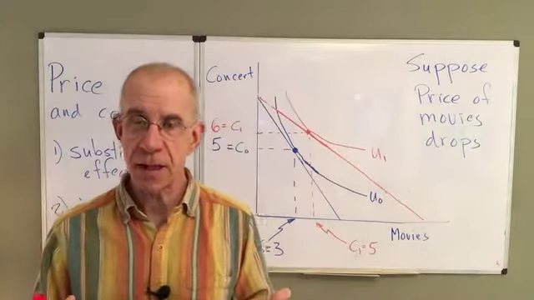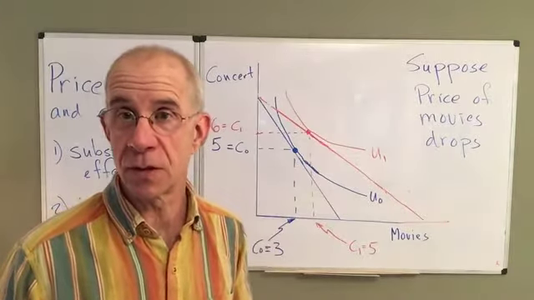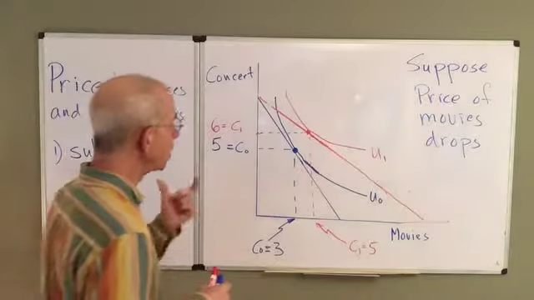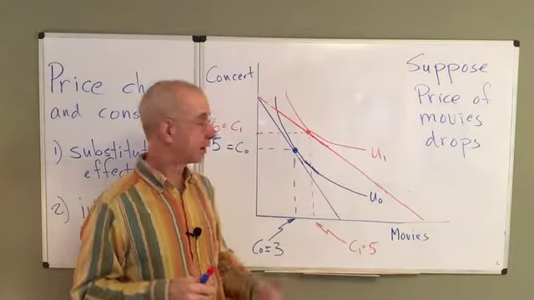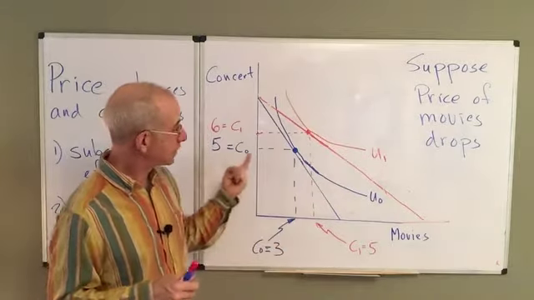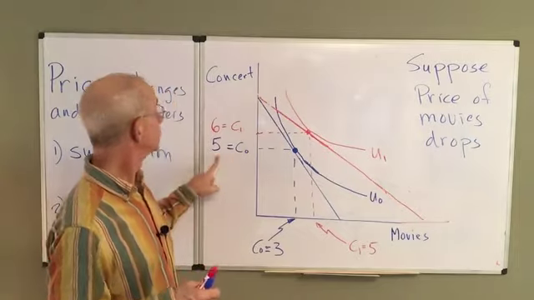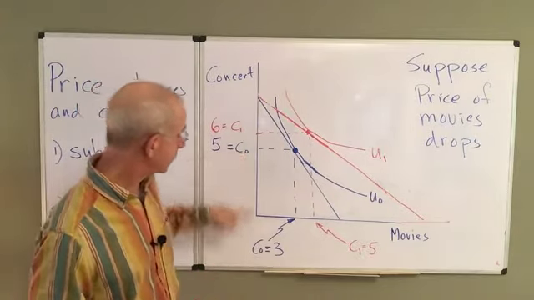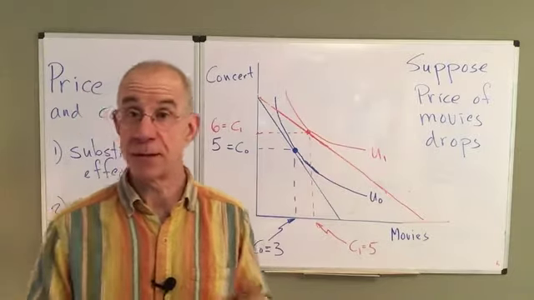We're going to do this in the context of the price of movies dropping for some reason. Let's say that at the original prices they go to 5 concerts and 3 movies over some period of time at the initial prices and the initial income.